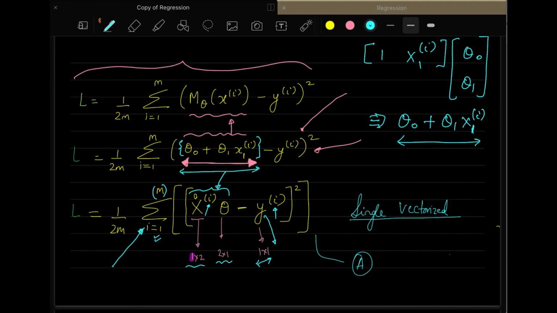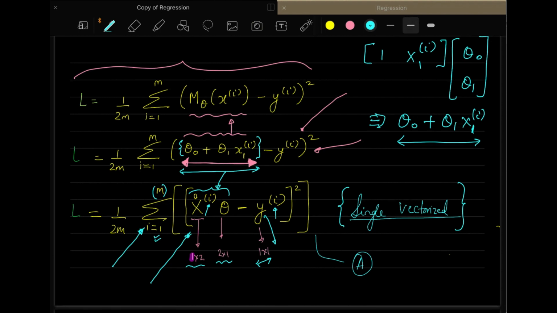Even though you replaced the internal expression by this matrix thing, you are not able to remove the summation. This is sometimes called single vectorization, because you have done only a single step of vectorization. It's not the complete vectorization.